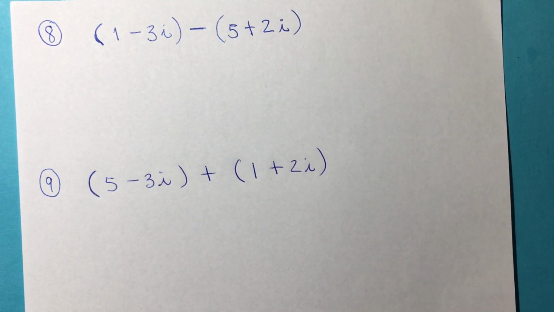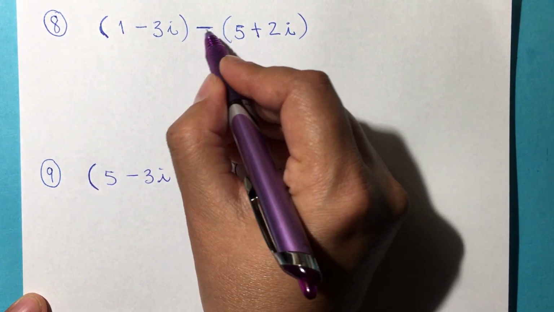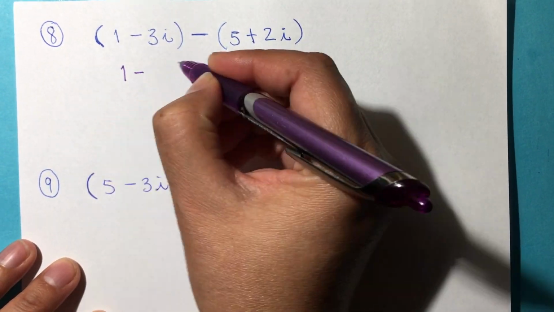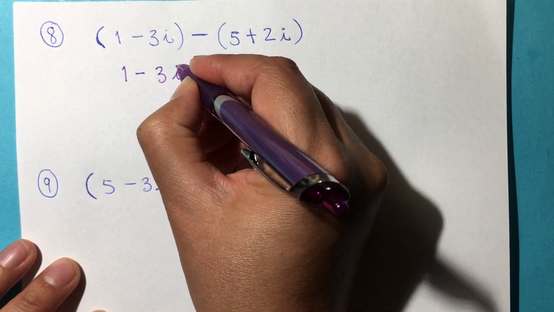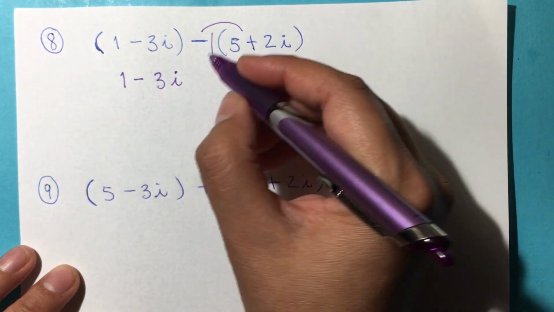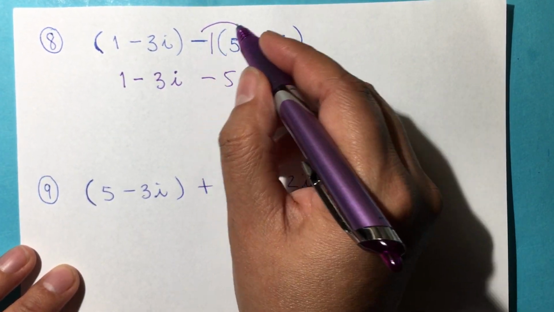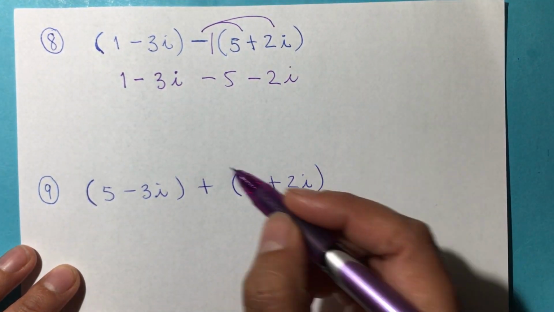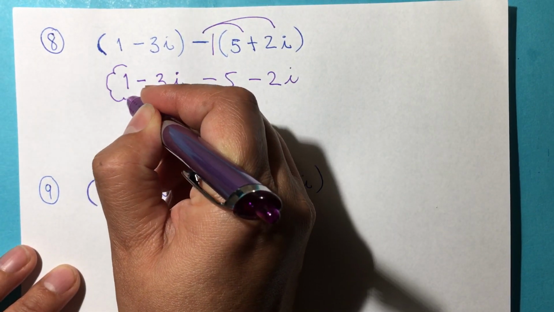Okay, number 8. And here we have subtraction. And so the first term or the first complex number, you just bring it down the way it is. In here we multiply by negative 1. So negative 1 times 5 is negative 5. Negative 1 times 2i is negative 2i. Then we combine like terms.